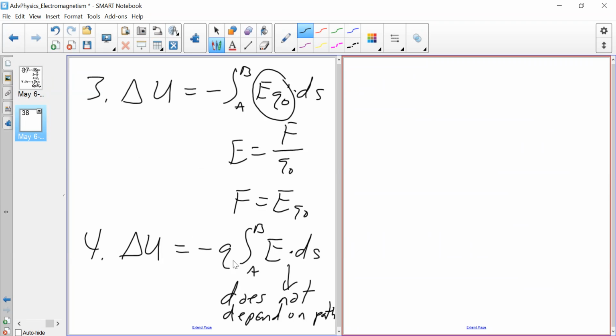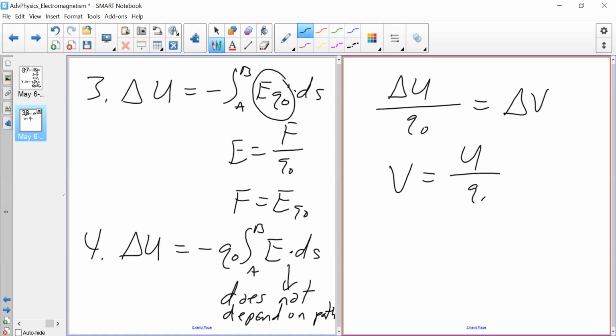Well, we have this here, and this is test charge. We define, or we divide delta U by the test charge. We get something known as a potential difference, electric potential difference, or a voltage. But I'm going to get to the voltage later. Instead of having a difference, it's U over Q naught. This would be my electric potential. And this is my definition of electric potential, basically potential energy divided by charge.